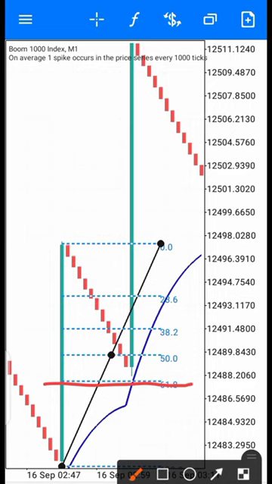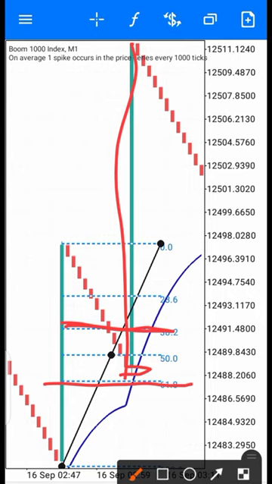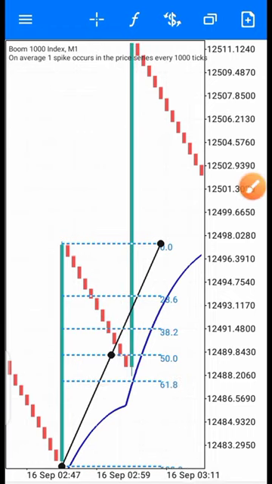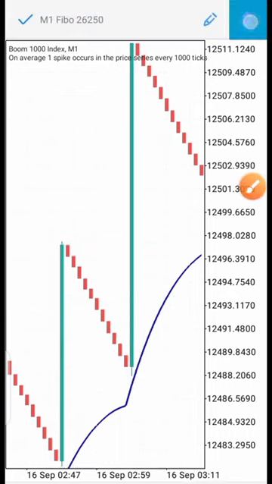But see, assuming you enter this buy trade here, the spike happens here, almost got to the 61.8 level, and you see how long the spike is, you will be in massive profit. You understand? If this market gets to this 61.8, you will have closed the trade because that is our stop loss. But it doesn't get there before the spike happens.